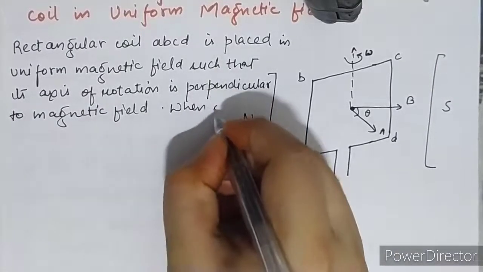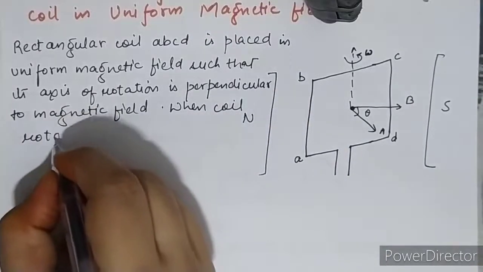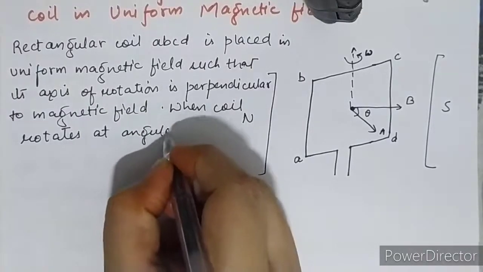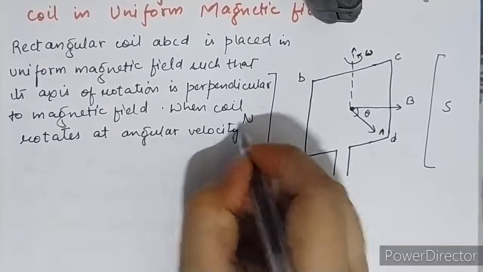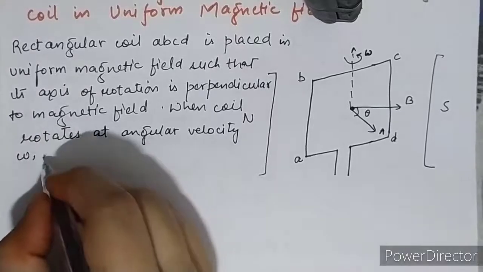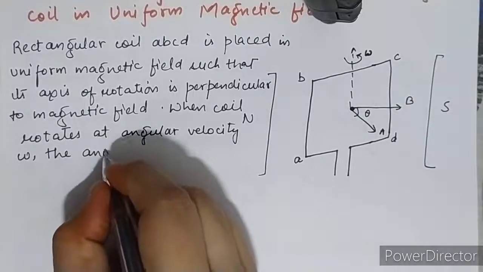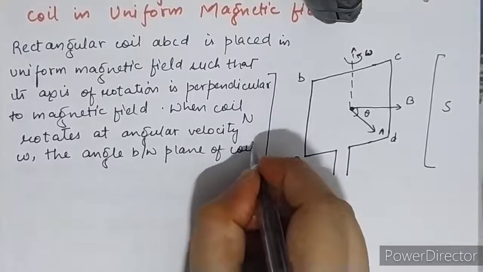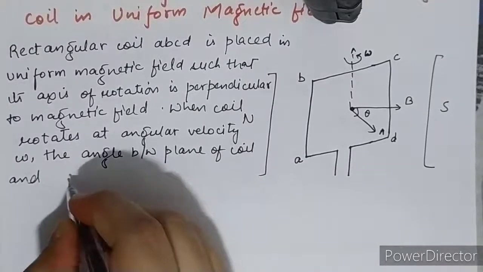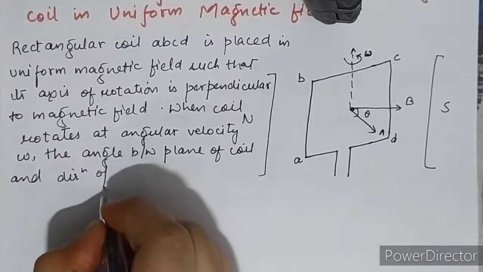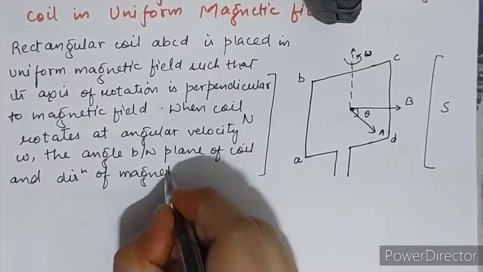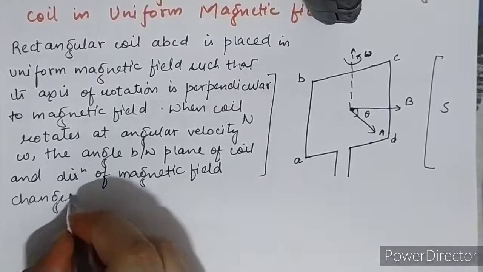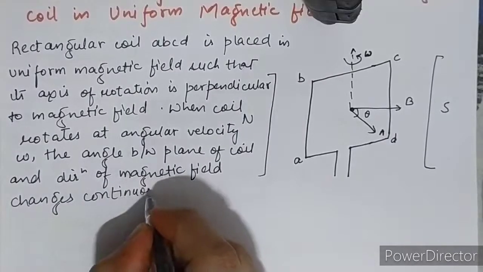When the coil rotates at angular velocity omega, the angle between plane of coil and direction of magnetic field changes continuously.